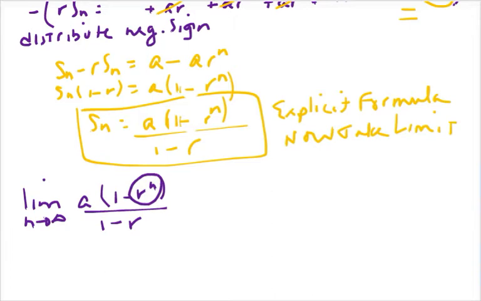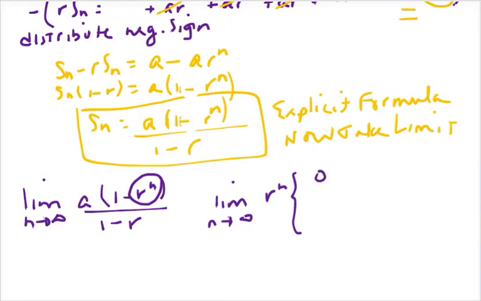And we worked with this before, so we're going to concentrate on the term with the R to the n, since that's where n is going to vary. And we look at the limit as n approaches infinity of R to the n.